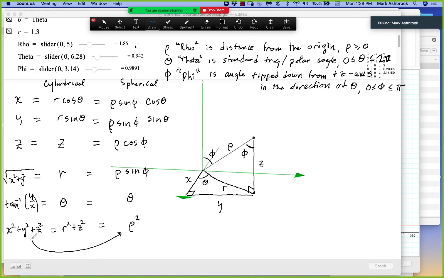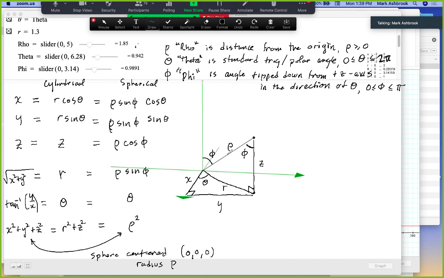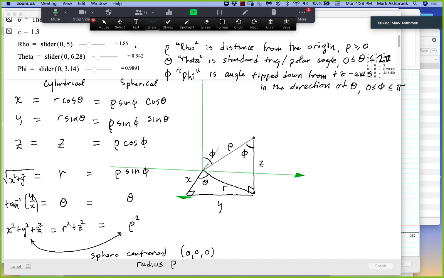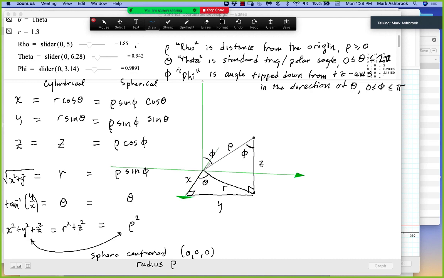What is that? The formula for a sphere. This is a sphere centered where? At the origin. Centered at 0, 0, 0 with radius rho. So look, if rho is the distance away from the origin, if you have a constant value of rho, so it's every point that's the same distance away from the origin, well, that's a sphere.